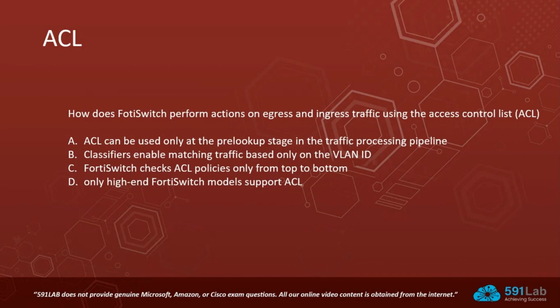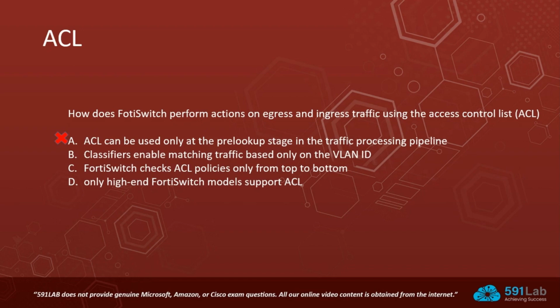Now let's go back to the question and find out what is the correct answer. Answer A. ACL can be used only at the pre-lookup stage in the traffic processing pipeline. This answer is incorrect. Answer B. Classifiers enable matching traffic based only on the VLAN ID.